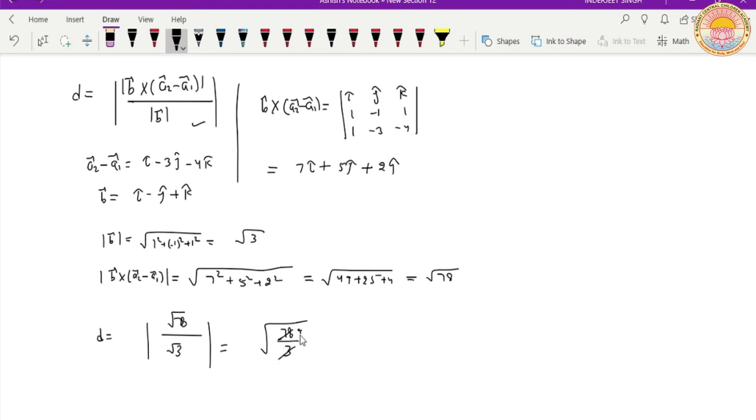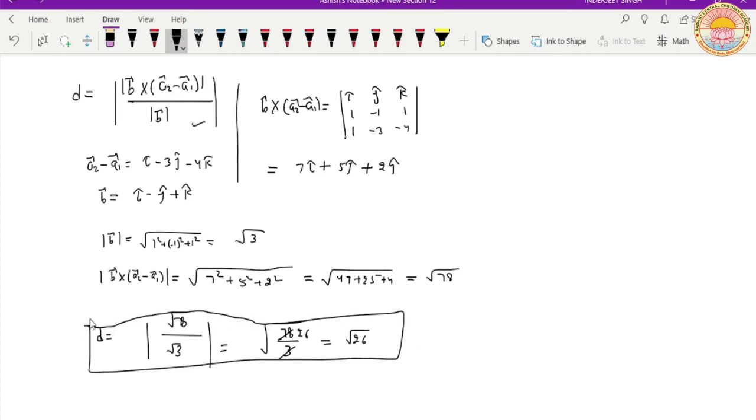It means 3 sixes are 18, square root of 26. So D is equal to square root of 26 units. This is the distance between the given two parallel lines.